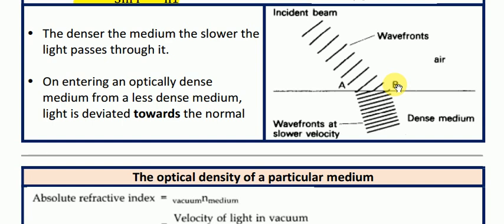The opposite side of the beam, the B part, meanwhile continues at its original velocity. The beam is thus deviated as indicated in this figure, being bent toward the normal. The normal is a line perpendicular to the interface at the point of refraction, and so the beam is bent toward the normal as it enters the denser medium.